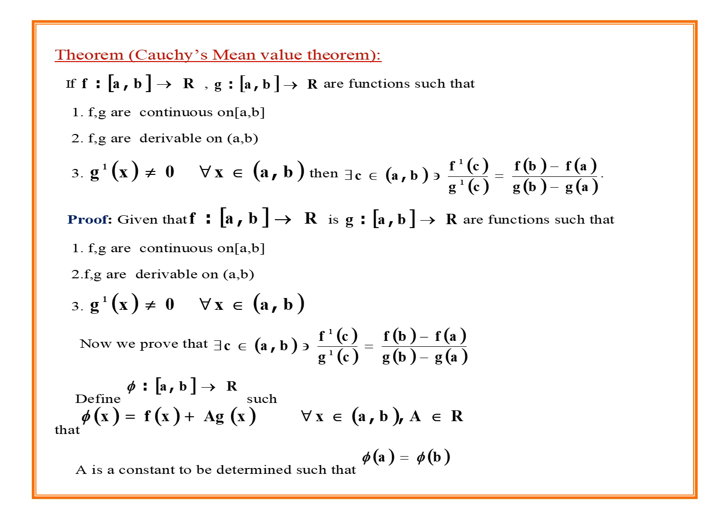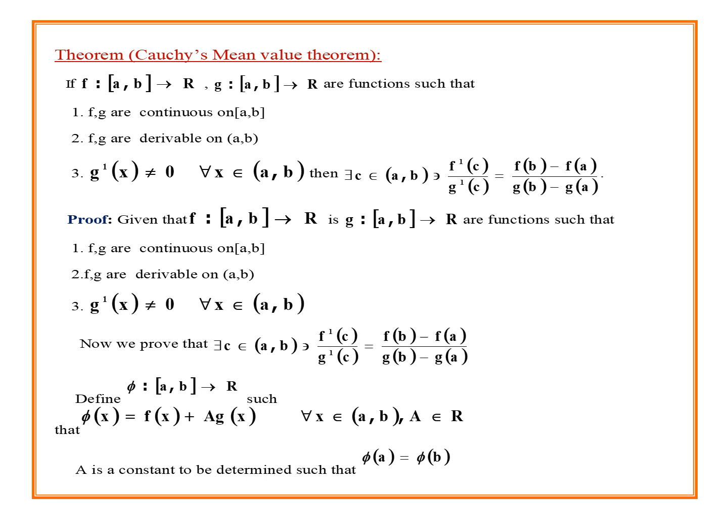Third condition, g dash x not equal to 0 for all x belonging to the open interval a comma b. Then there exists c belonging to the open interval a comma b such that f dash c by g dash c equals f of b minus f of a by g of b minus g of a.